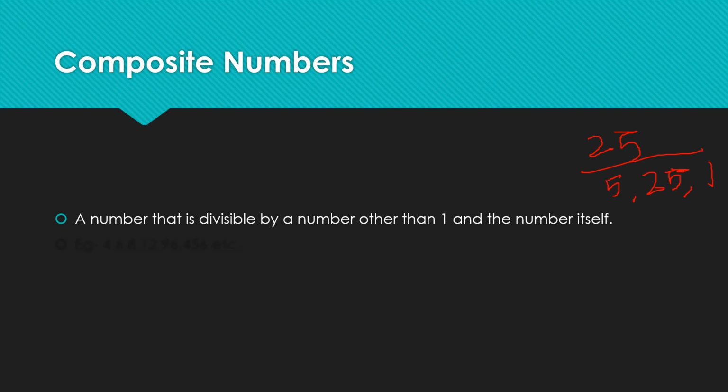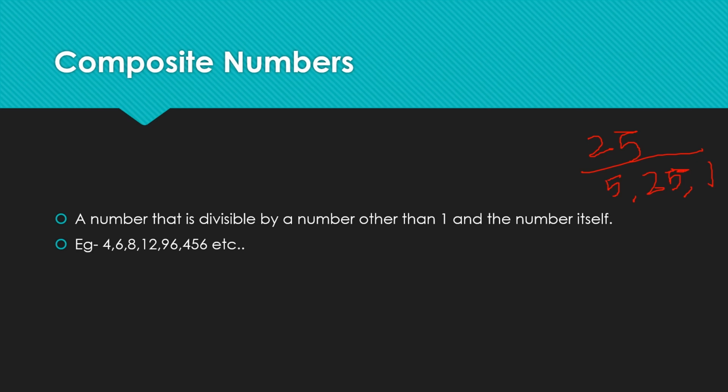If a number is divisible by more than two factors, we say that it is a composite number. A number that is divisible by a number other than 1 and the number itself is called a composite number.